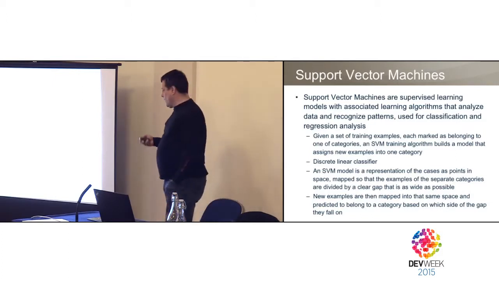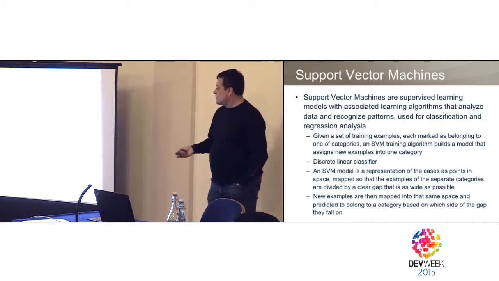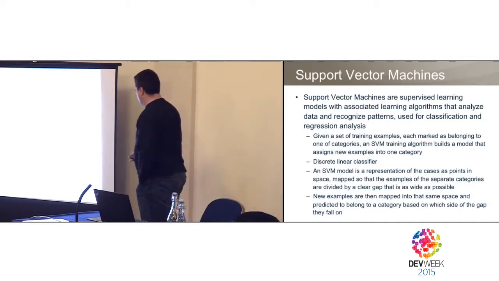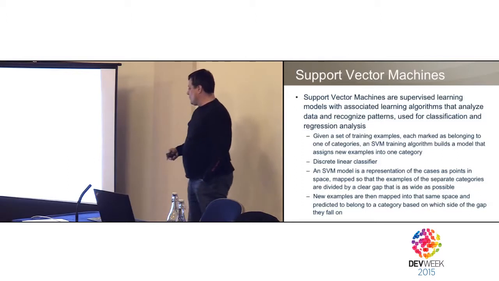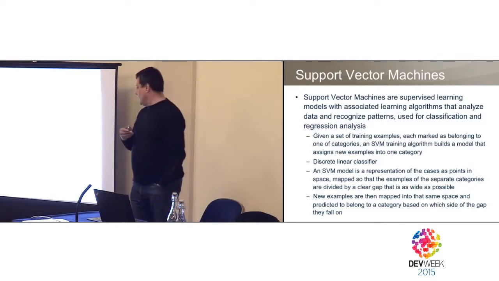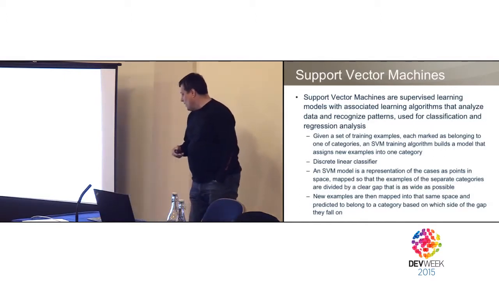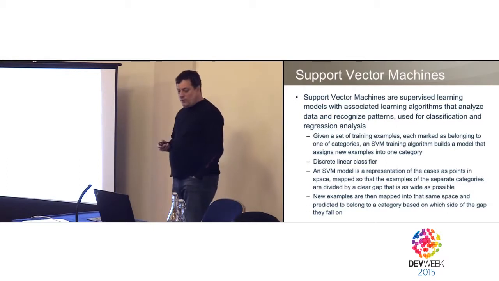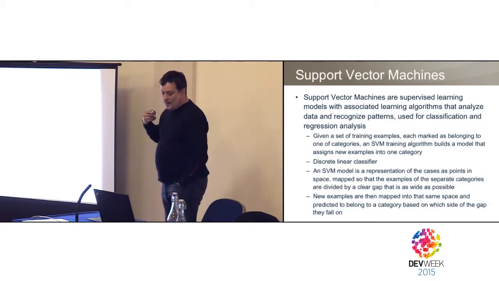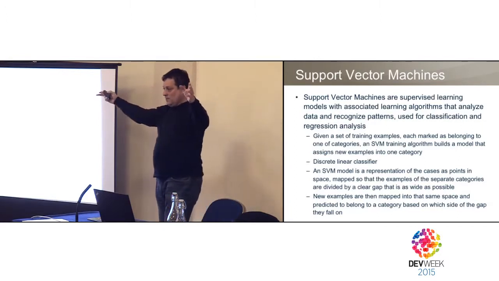So let's say that we are talking about discrete target variable. Similarly to other classification algorithms, the support vector machines training algorithm builds a model that assigns a new example into one of the categories of the target variable. So support vector machine is representation again of cases as points in multidimensional space.